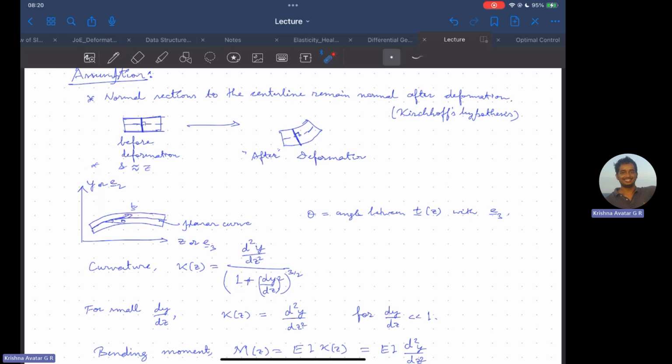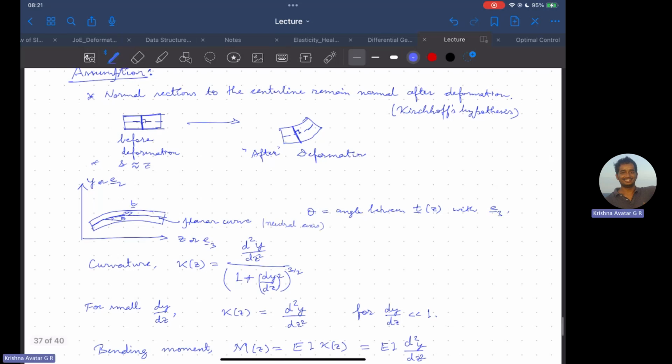The central line defines what we call the planar curve, or we also call it the neutral plane or neutral axis. We call it the neutral axis because the central line is neither under tension nor under compression, which means that the central line is stress free.